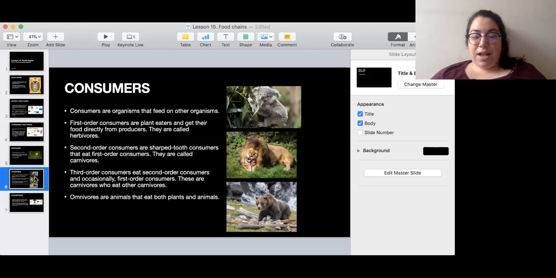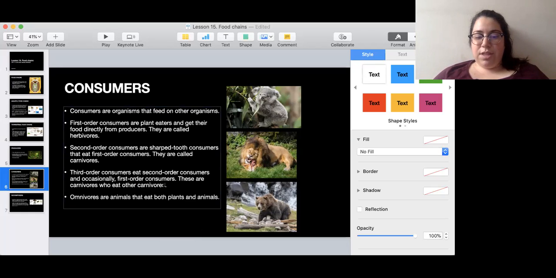So these are carnivores that eat carnivores and herbivores. So usually these are predators. These are the ones that eat many types of animals, and they're usually at the top of the food chain. Okay, and then we have omnivores. Omnivores are animals that eat both plants and animals.